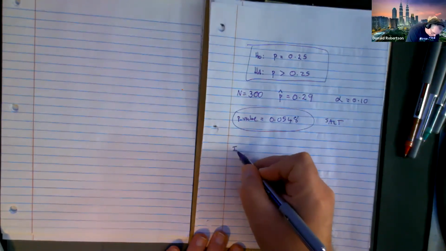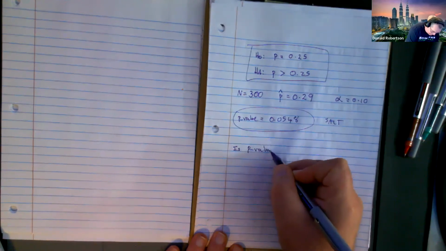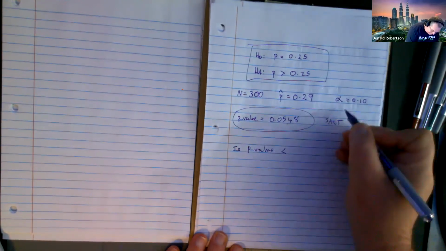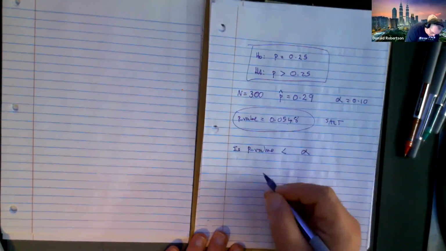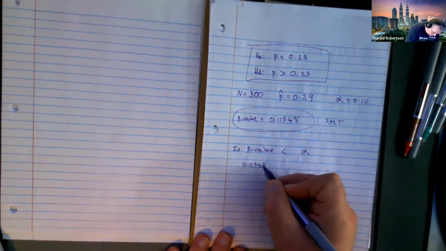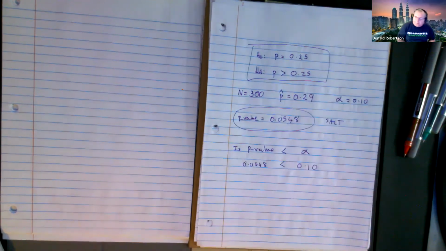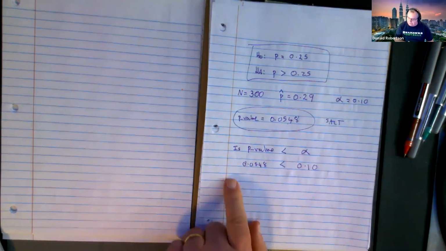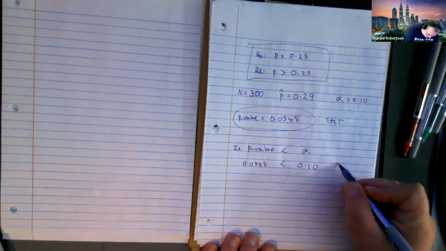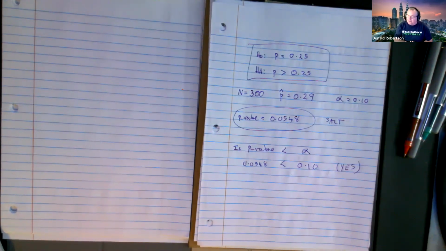So here is our test. Is our p-value, that guy, less than our significance level alpha? And we had 0.0548. Is that less than that number? Yeah, it is. And if you get the answer yes, haven't you proved what you were trying to prove?